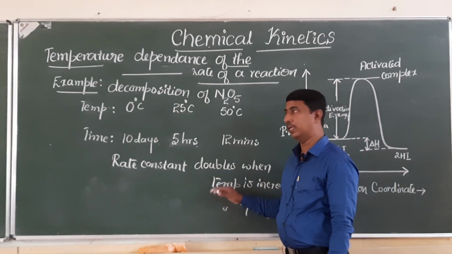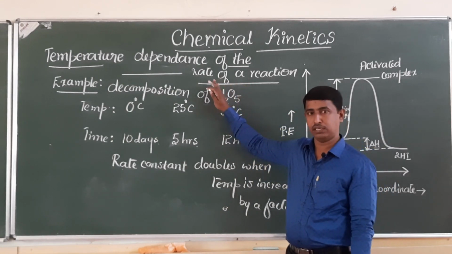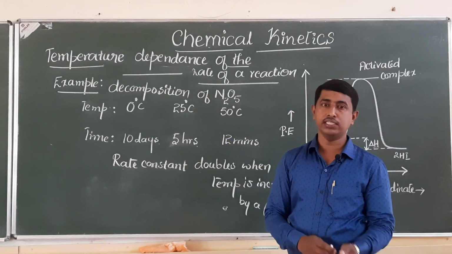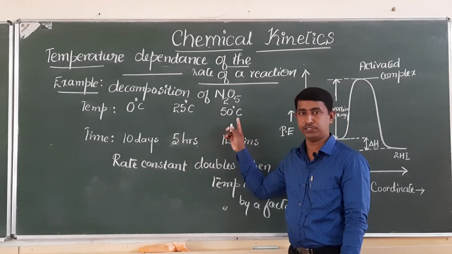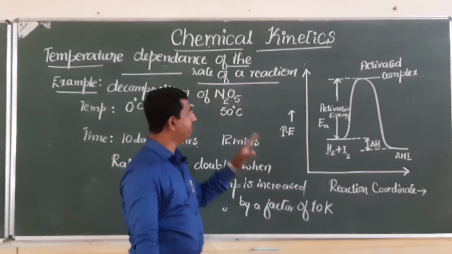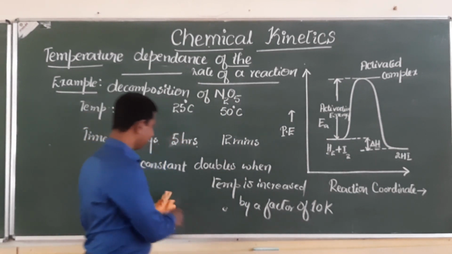Now, we are going to explain effect of temperature on the reaction rate by using a theory. That theory is called Arrhenius theory. By using Arrhenius theory, we are going to explain effect of temperature on the reaction rate.